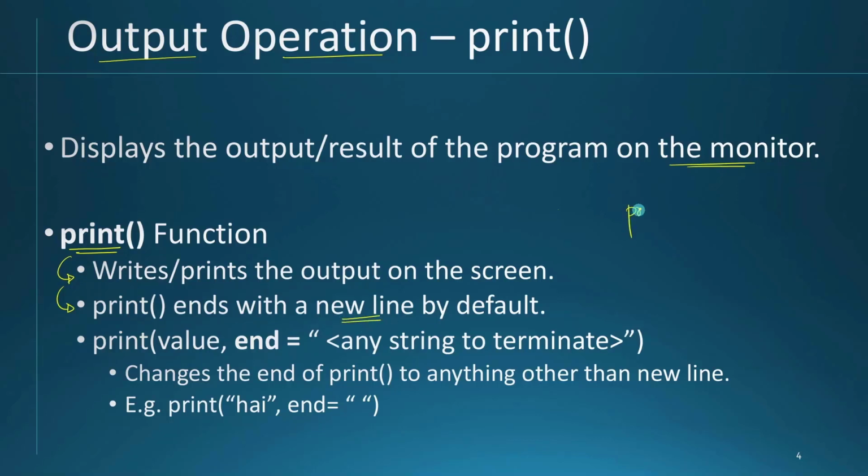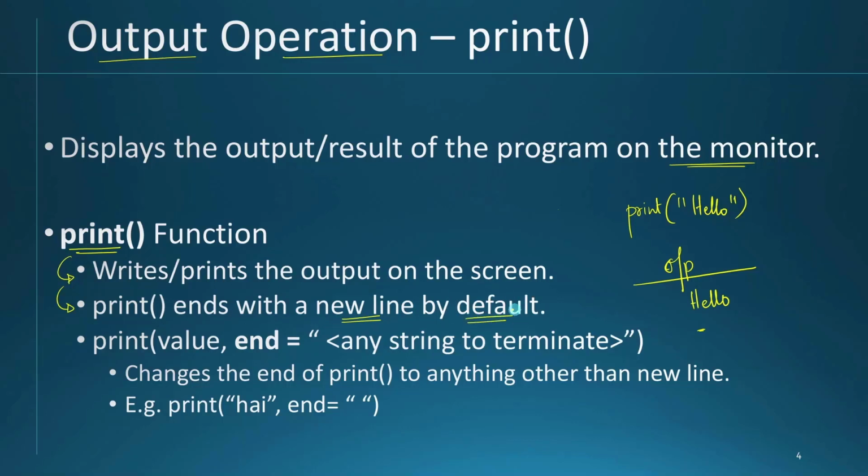For example, if I ask the print function to print a string called hello, it will print all the characters in hello, and then the control will be moved to the next line. So that is what we are discussing here. Print will always end with a new line, and that is the default.